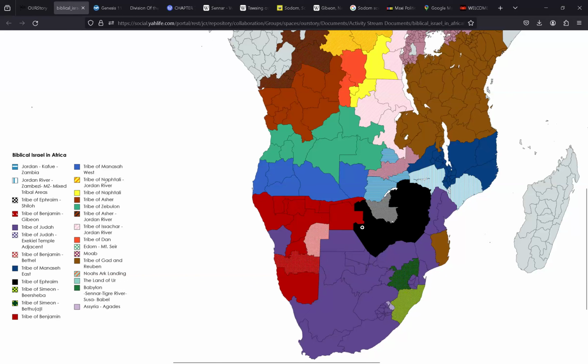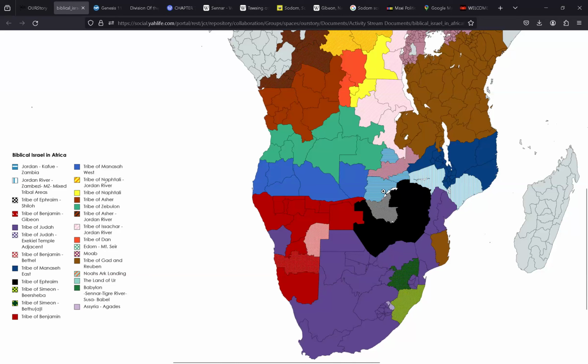And then once you start crossing over into where this black is, that is the tribal territory of Ephraim, which is Zimbabwe. And then this part is the Shiloh territory, which is the first place that the Most High landed.